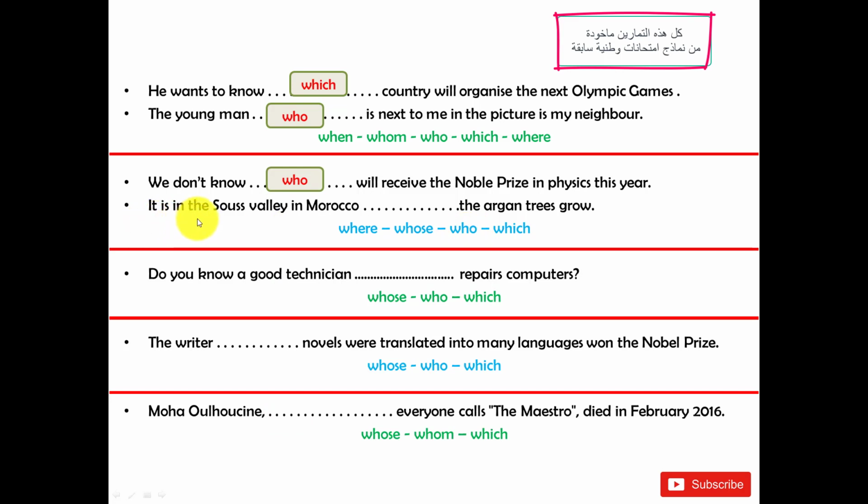It is in the Souss Valley in Morocco where the argan trees grow. Right, we're talking about the place, so where? Do you know a good technician who repairs computers? Right, so we're talking about who, a person. The writer whose novels were translated into many languages won the Nobel Prize. So we're talking about something that belongs to this writer, which are the novels.